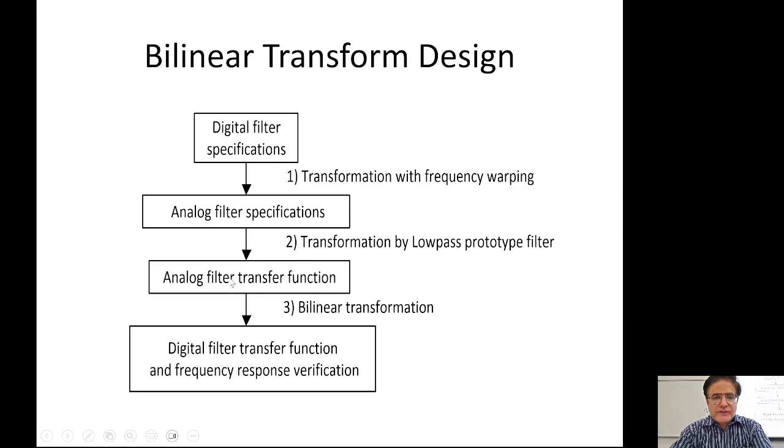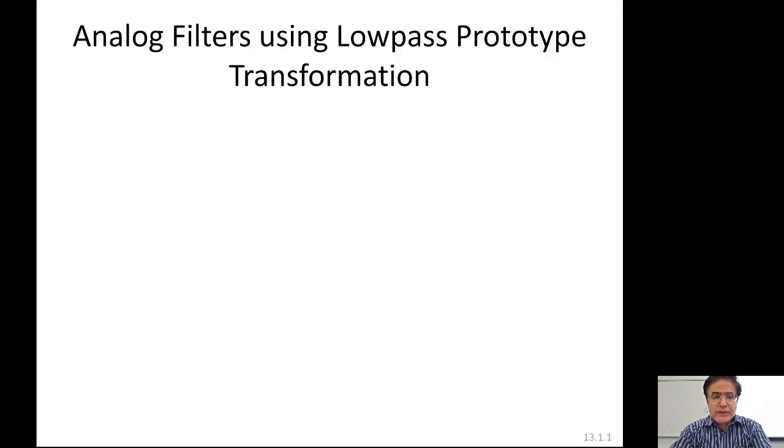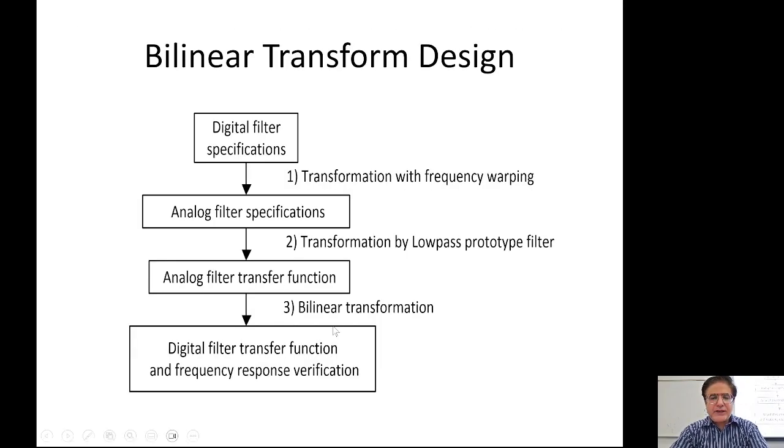And then once we have the filter of certain frequency specifications that we came up with in this stage, that means we have the transfer function of the corresponding analog filter, then we apply this bilinear transformation to design the digital filter, right? To convert the transfer function of the analog filter to that of the digital filter transfer function. So again, we start with the specifications of a digital filter.